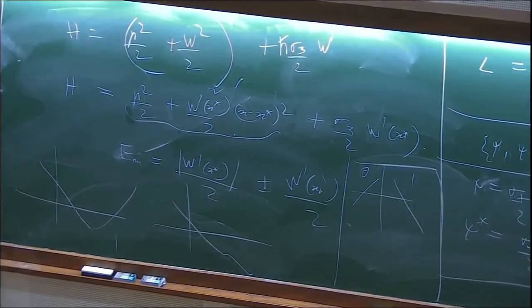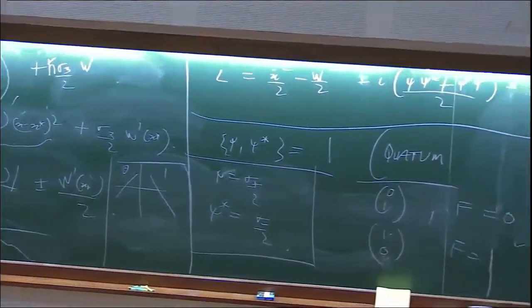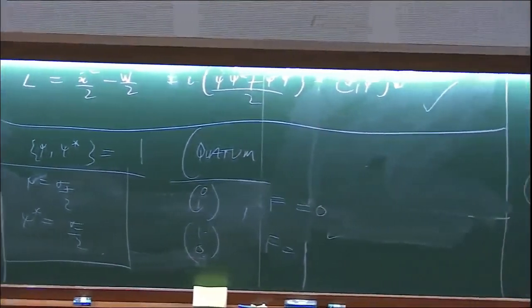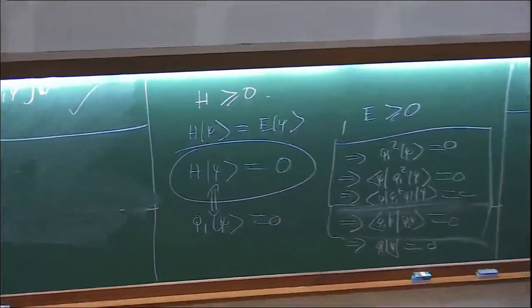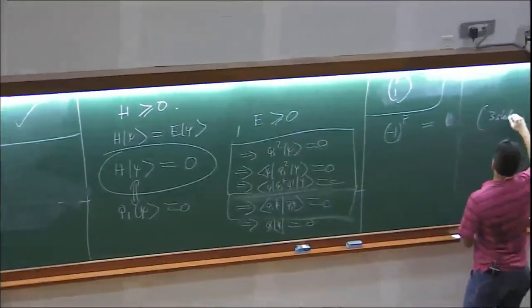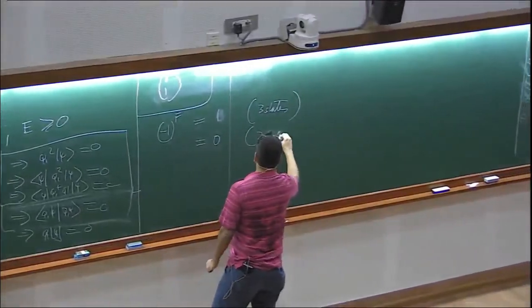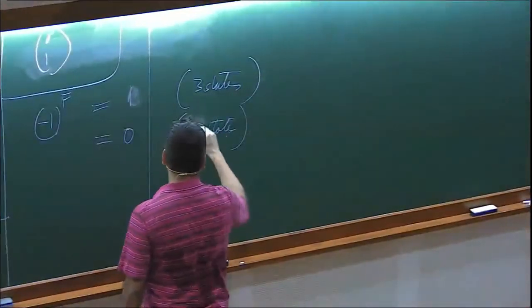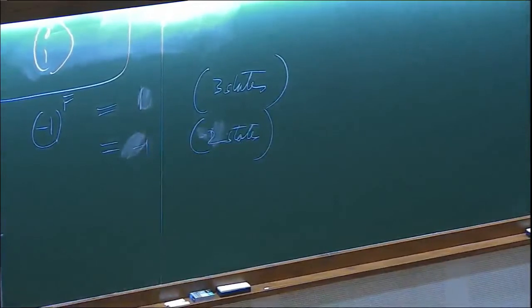And what we're seeing is that minus 1 to the power f is equal to 1 for 3 states and is equal to minus 1 for 2 states in this problem here.